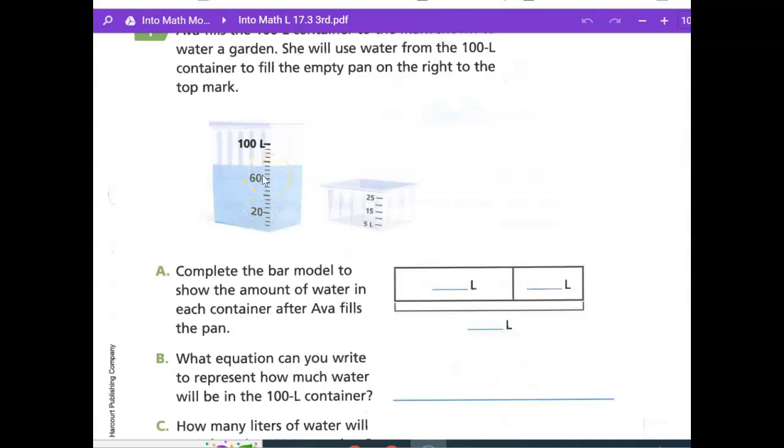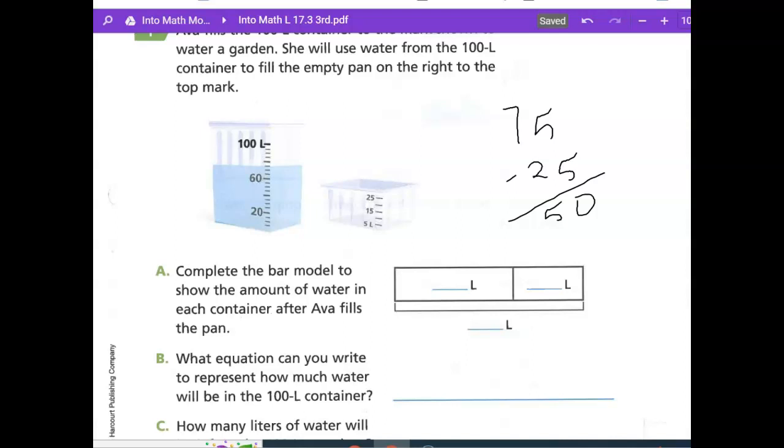So we'd have 65, 70, 75. So if we have 75 and she says she's going to take out this much water, 25, so we'd have 75 minus 25, leaving us 50.